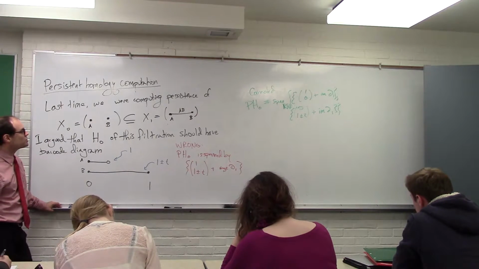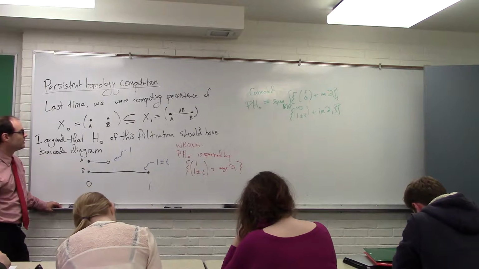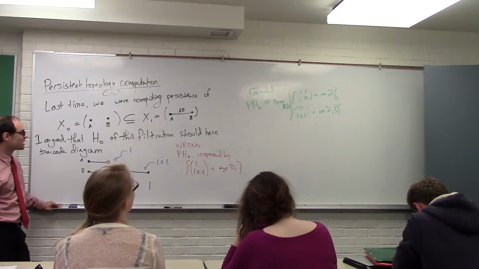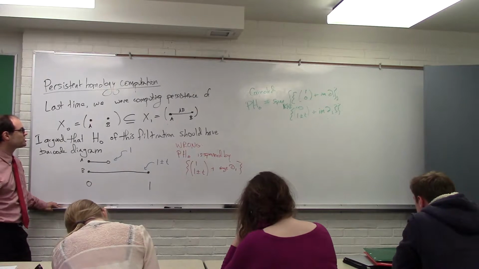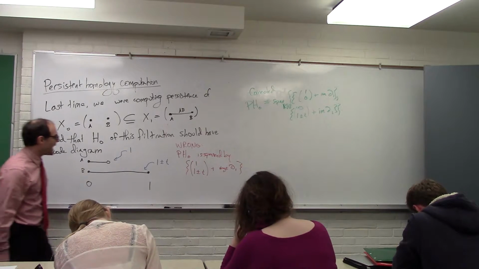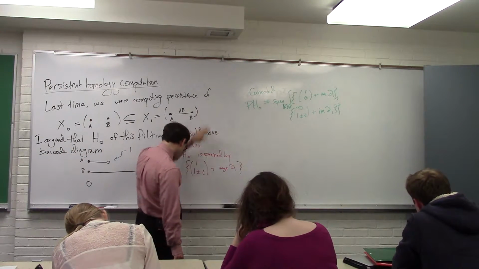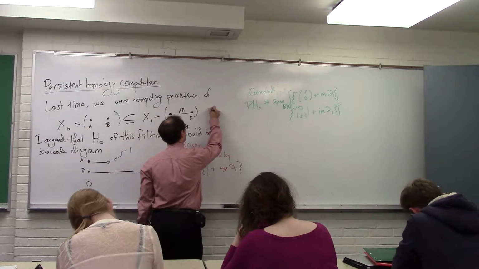So the point is, what we want to do is define some chain complexes that are going to keep track of all of the various simplices, and they're going to work at the level of the biggest space over here. They're going to work at this level.